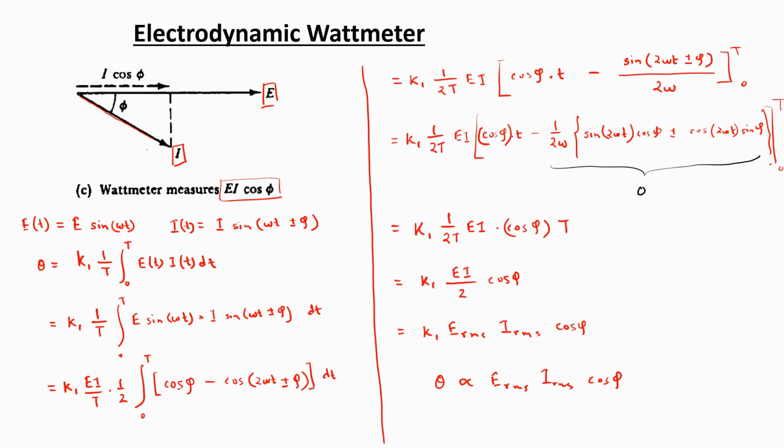And as the relation is established in terms of RMS values, the scale of the deflection can also be calibrated in terms of RMS values. And if the scale is calibrated in terms of RMS values, then the same scale can be used for both DC quantities and AC quantities.